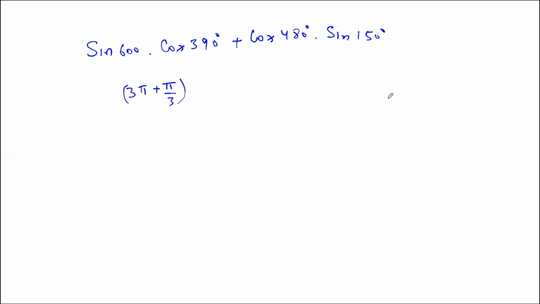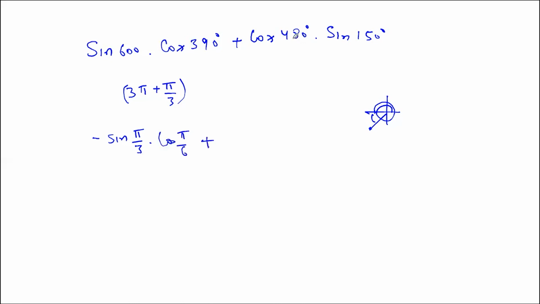You can see 3 pi: this is 1 pi, this is 2 pi, this is 3 pi. 3 pi plus theta will be in the third quadrant. In the third quadrant sine will be negative. So this is coming as minus sine pi by 3. Cos 390: obviously in the first quadrant, 360 plus 30 degrees, so cos pi by 6.